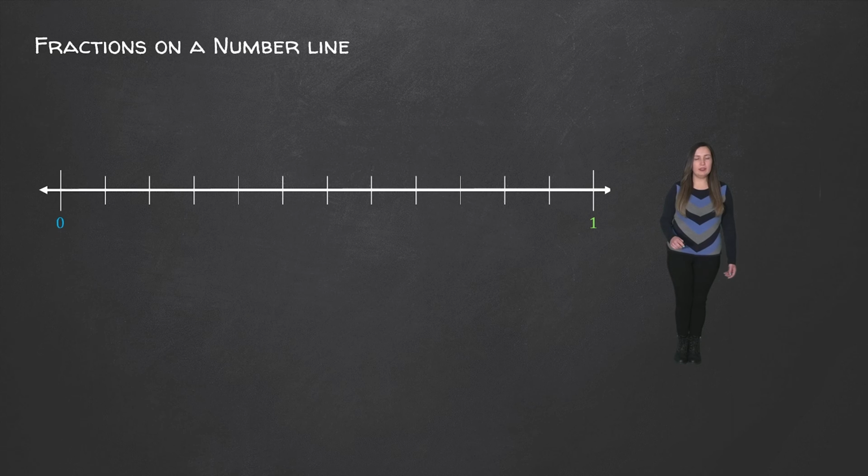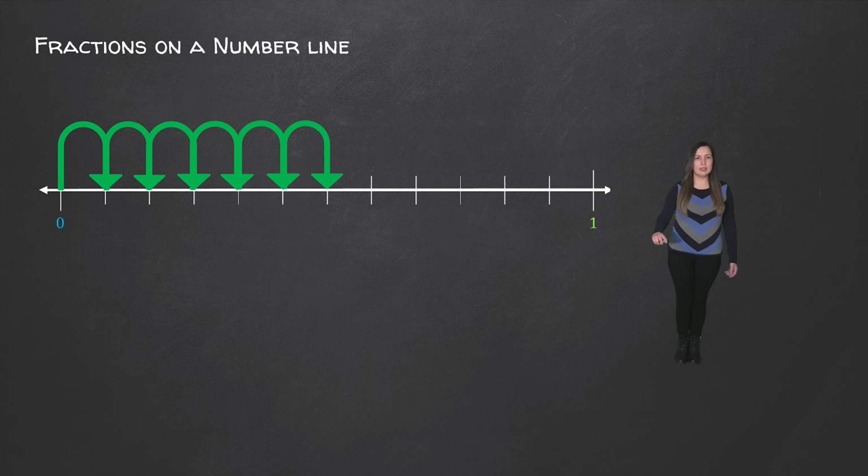So in our final number line, we have 1, 2, 3, 4, 5, 6, 7, 8, 9, 10, 11, 12 spaces in between 0 and 1. So that means it takes 12 out of 12 spaces in order to make one whole.